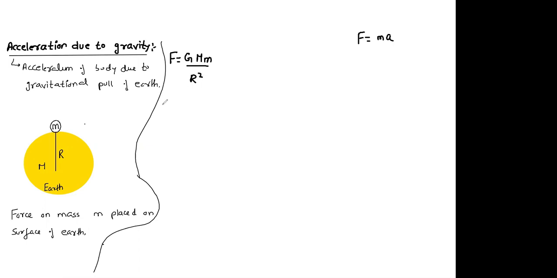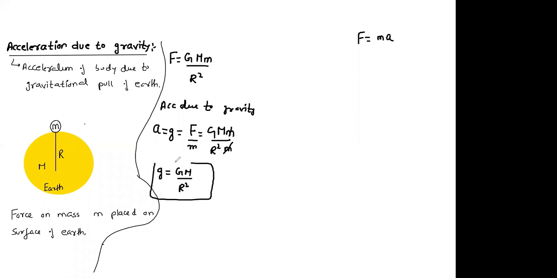That's the gravity. Then acceleration due to gravity: acceleration is represented by a, but since this acceleration is due to gravity, we represent it by g. The general formula of acceleration is force divided by mass. So you can write this as GMm by R square, divided by m. So m will cancel this m. So your acceleration due to gravity is GM by R square.